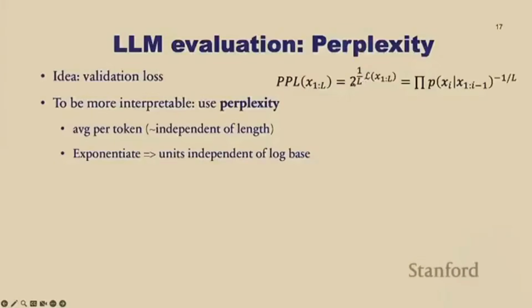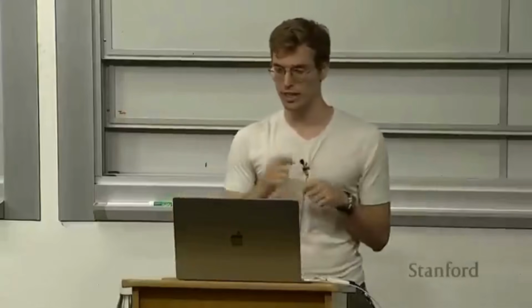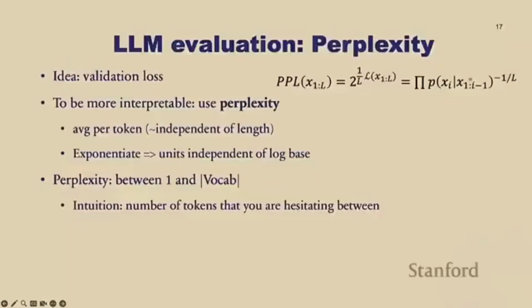So perplexity is just 2 to the power of the average loss of the sequence. Perplexity is between 1 and the length of the vocabulary of your tokenizer. Why 1? If you predict everything perfectly, then every word will have probability one, so you get a product of ones. The best perplexity you can have is 1.